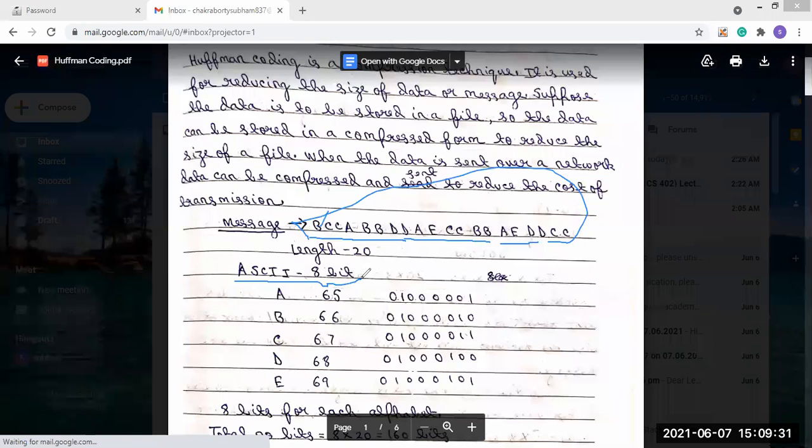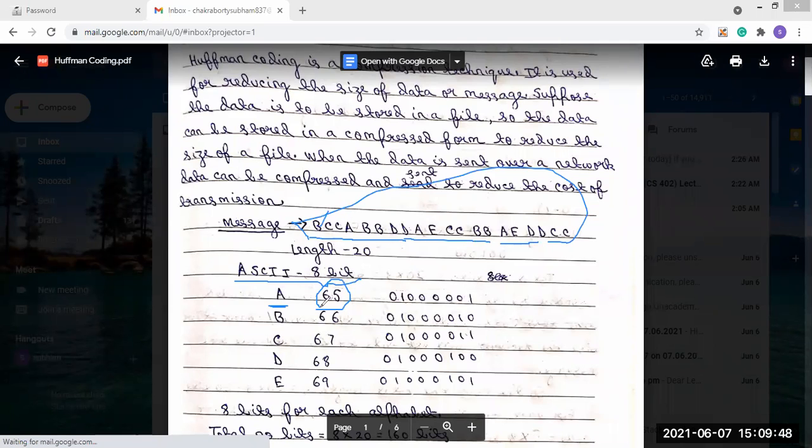ASCII code is 8-bit data. Capital A has ASCII code 65, as you can see in the ASCII code table.